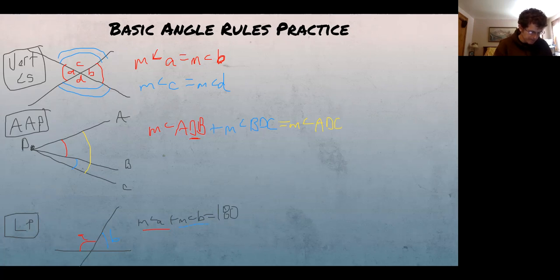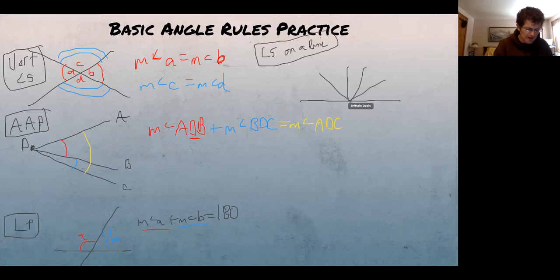All right. So the next one we're going to look at is called angles on a line. And this is very similar to the last one we looked at. But imagine you have a lot of angles coming off of one line.